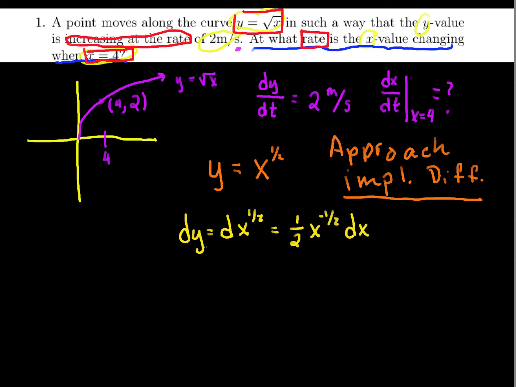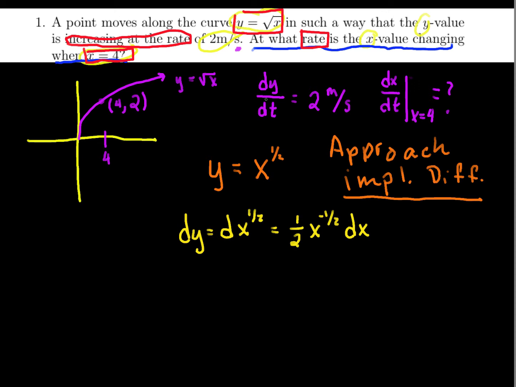All right, so we differentiated both sides. And now in implicit differentiation, we would solve for dy/dx, and we would know that dy/dx is equal to 1/2 x to the negative 1/2, which is no surprise. We know the derivative of the square root function.